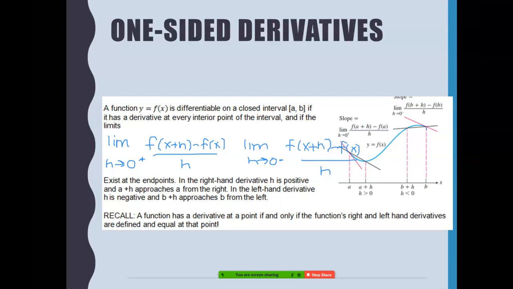It's on the right. So it would transform to the limit as h approaches 0, coming in from the left.